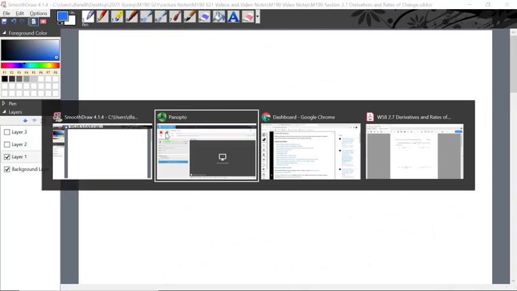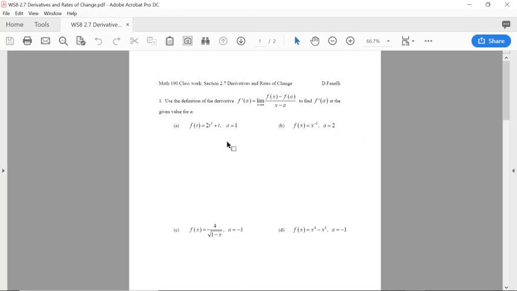Okay, so I have included for you a worksheet here, some of the exercises I could ask you to do. First, use the definition of the derivative. That is, in other words, using the limit definition. Running a limit, find out what the derivative is. Be careful with the instructions here.